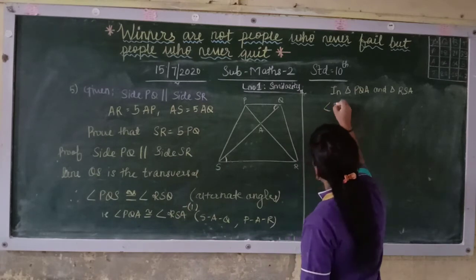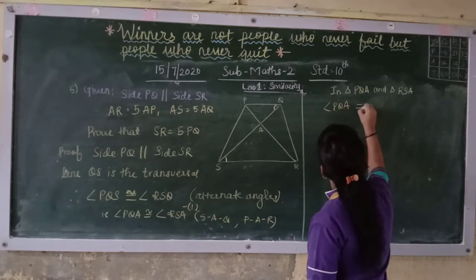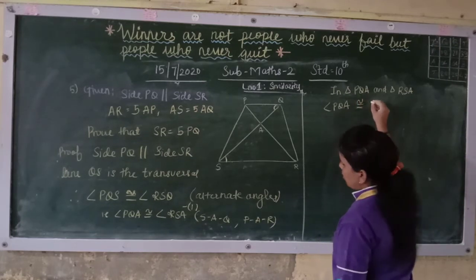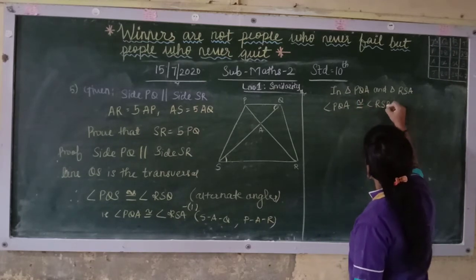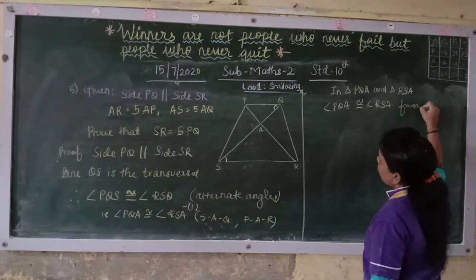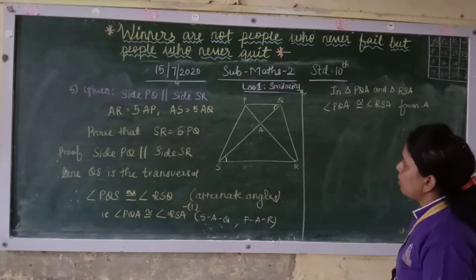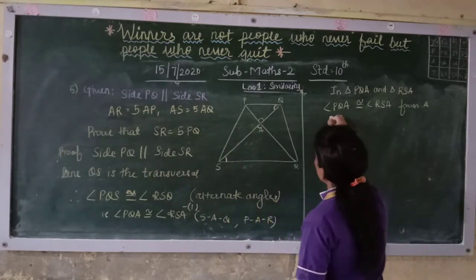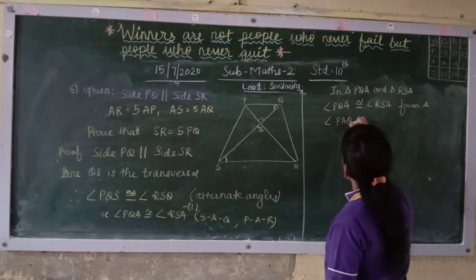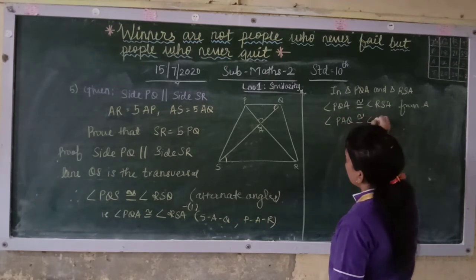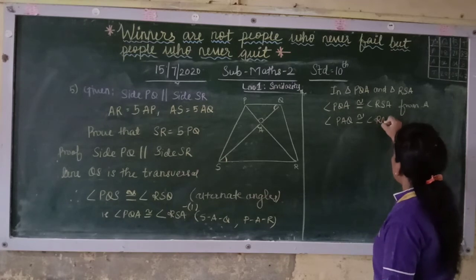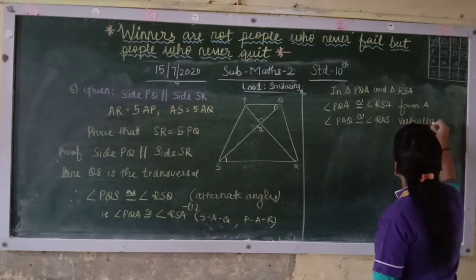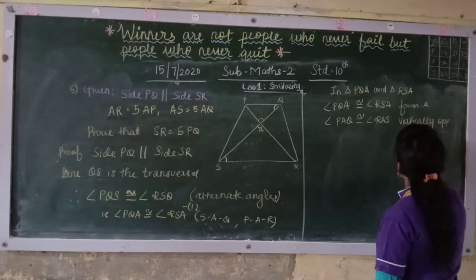So angle PQA is congruent to angle RSA from 1. Now next you have these vertically opposite angles also. So here angle PAQ is congruent to angle RAS. The reason you will write is vertically opposite angles.